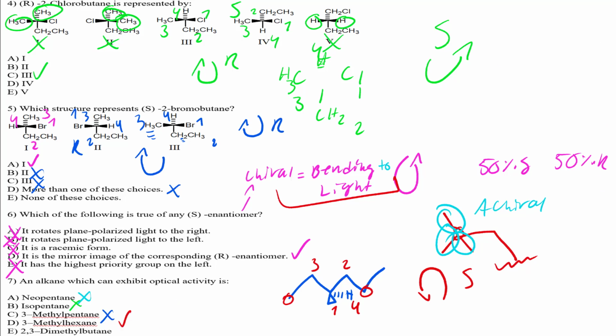If you want further proof, we can do letter choice E and show you why it's incorrect. So we have a 2,3-dimethylbutane. Butane is 4: 1, 2, 3, and 4. And we have a 2,3. That's a methyl, that's an implied hydrogen. That's another methyl, implied hydrogen. So what's the problem here?